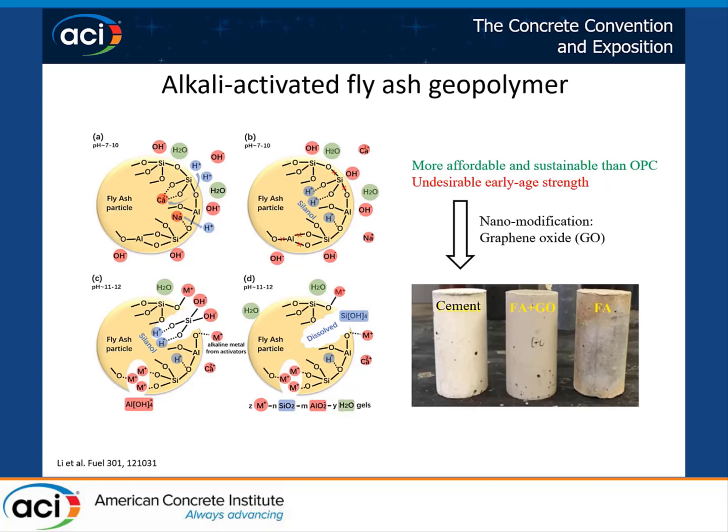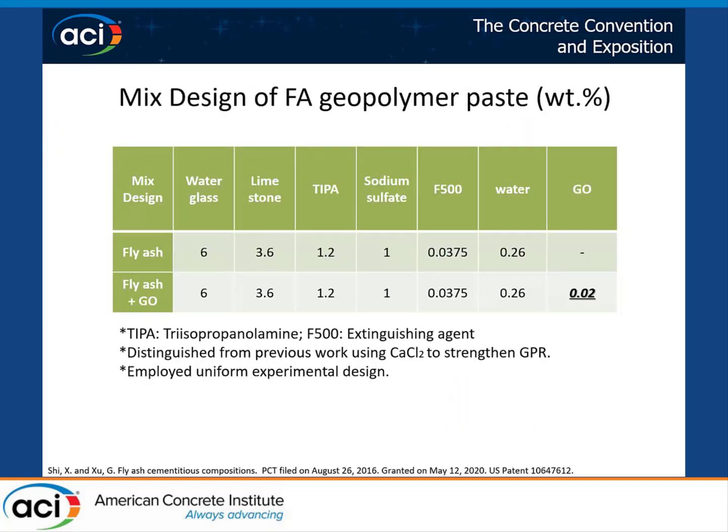Geopolymers have been known to provide better fire performance than traditional concrete. We haven't done much work on that, but I know there are people who have done similar work. This geopolymer binder is different, and that's why it was patented, because it doesn't really use any sodium hydroxide. It is just water glass, and originally calcium chloride, now TIPA and so on. Maybe that's a very long answer.